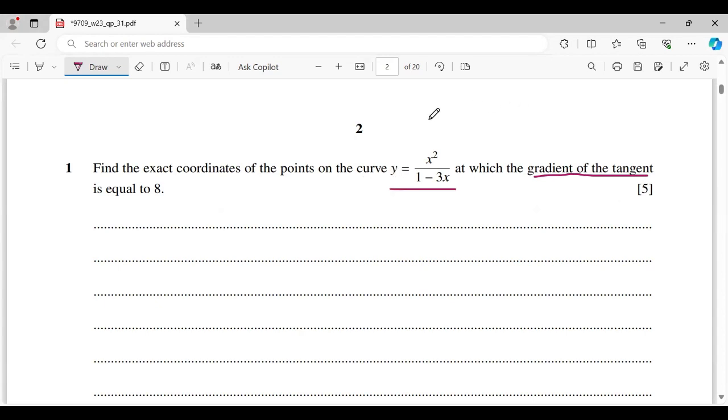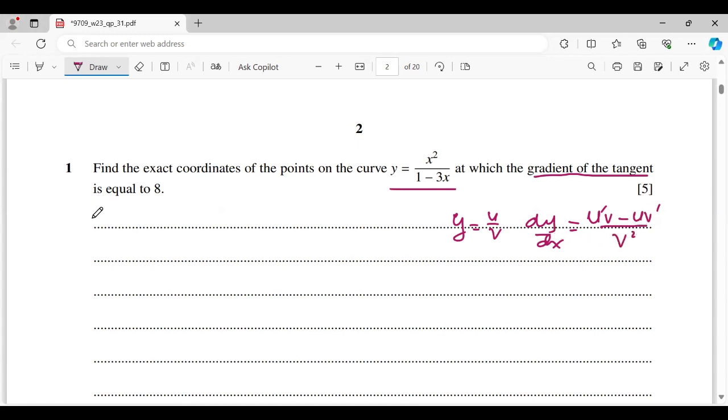To find this derivative, I'm going to use a rule that if y equals u over v, then dy/dx equals derivative u times v minus u times derivative v, over v squared.